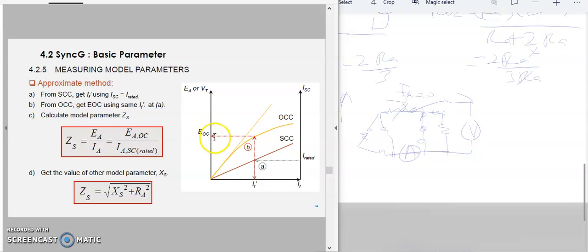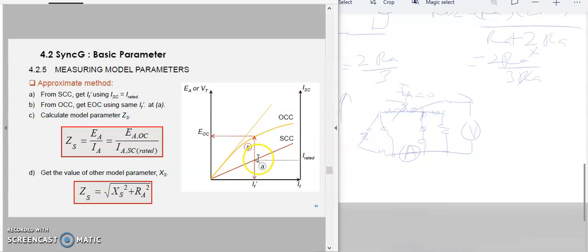So from here you will get your open circuit EA OC here. And so Z synchronous is equal to EA divided by IA, or EA open circuit divided by I short circuit rated. This is I short circuit rated here, IA, and this is EA at open circuit.